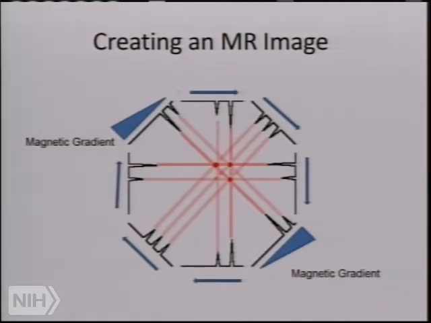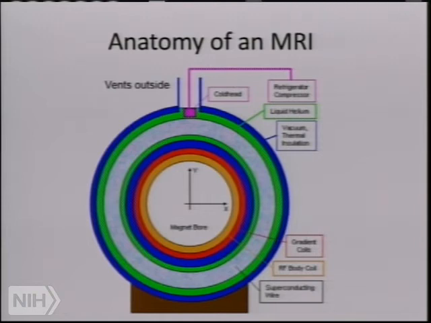And then using all of these projections, you can compile an image or back project an image that we're familiar with. So the MR device, as I mentioned, is a little more expensive than a CT device, which just has a basic CT tube, an X-ray tube, and a bunch of detectors.